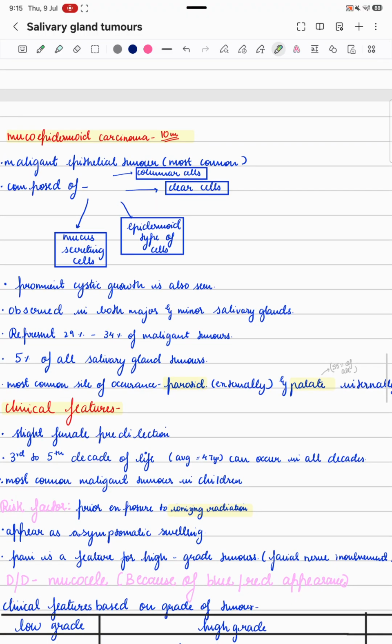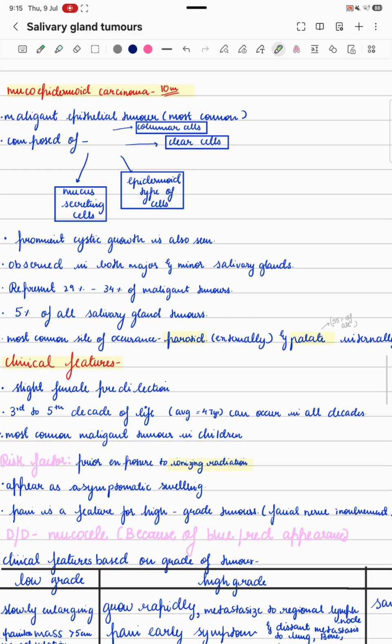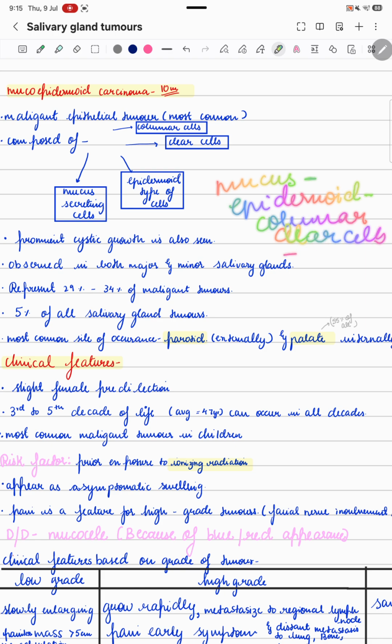It is the most common type of malignant epithelial tumor, and it is composed of 4 types of cells, mainly your mucus cells because it is mucoepidermoid. Then you have your epidermoid cells, because it is muco and epidermoid. Then you have your columnar basic cells and something called clear cells. These cells are distinctive to this particular carcinoma.